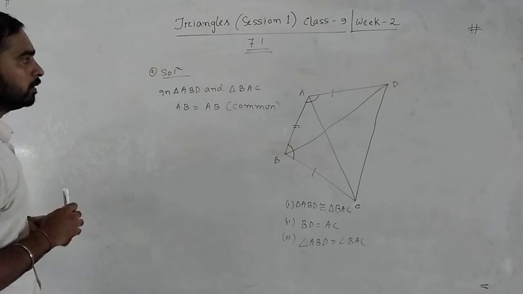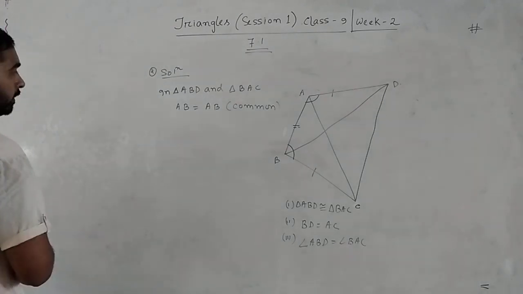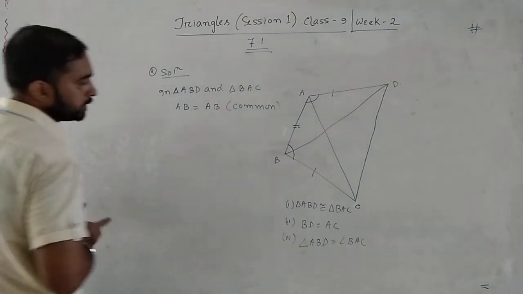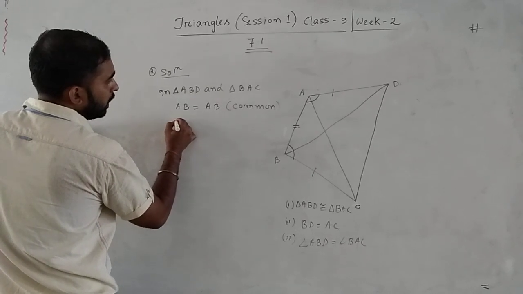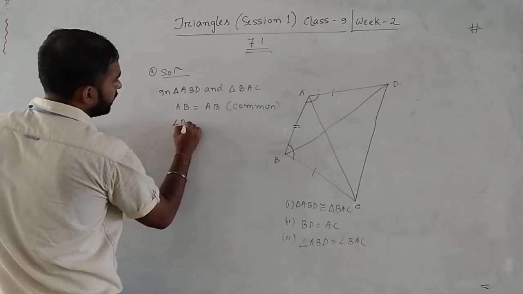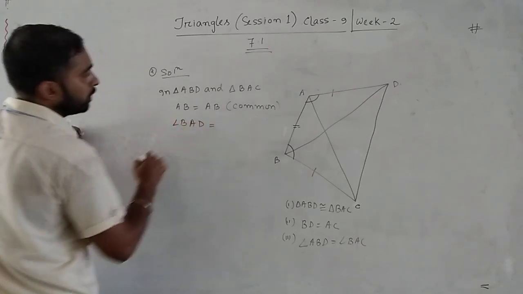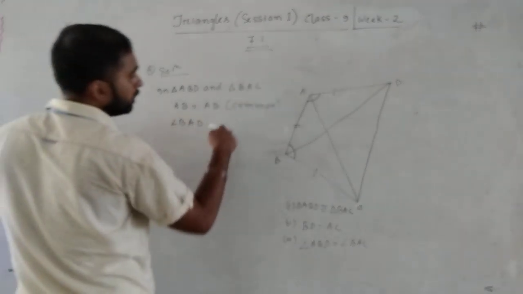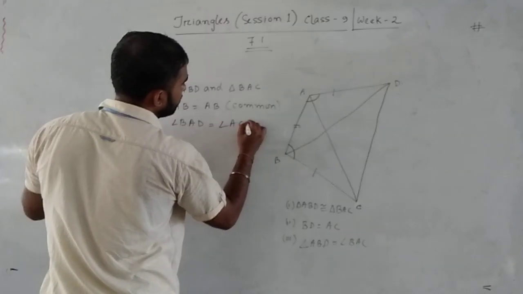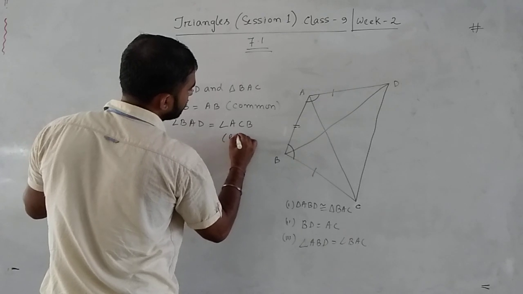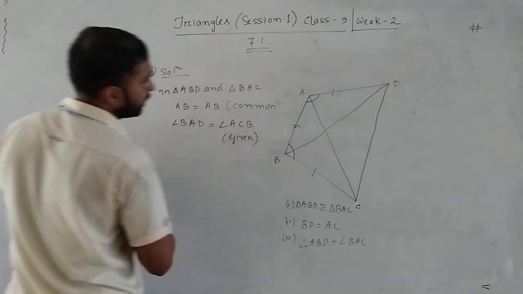Then secondly, angle BAD equal angle ABC. This is given.